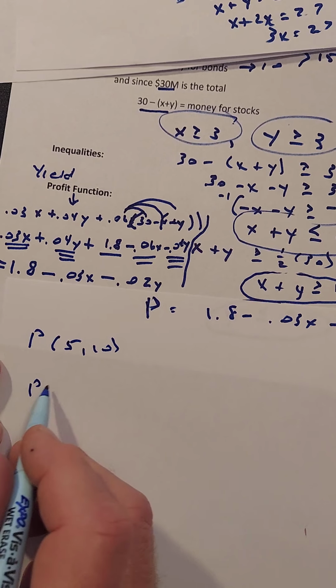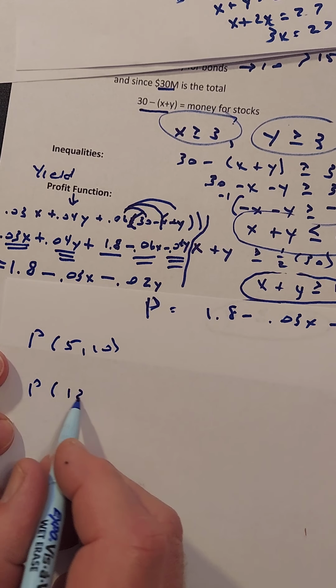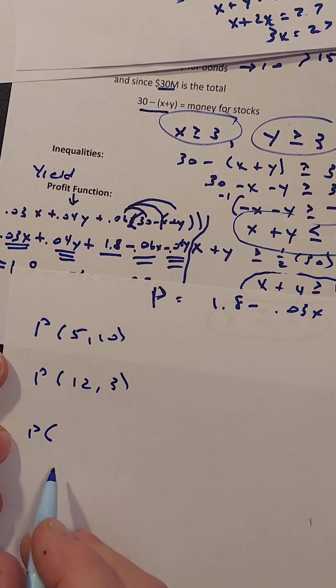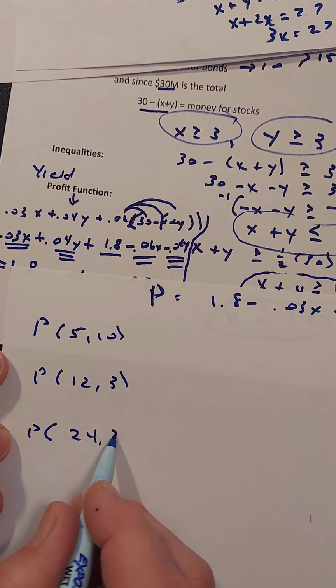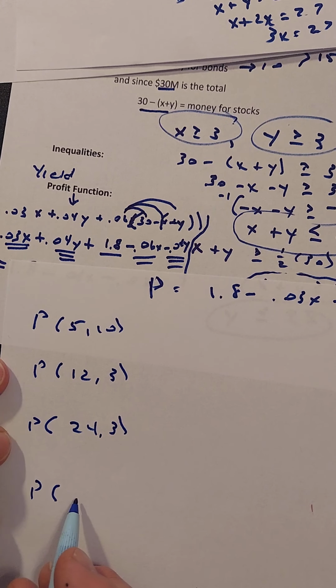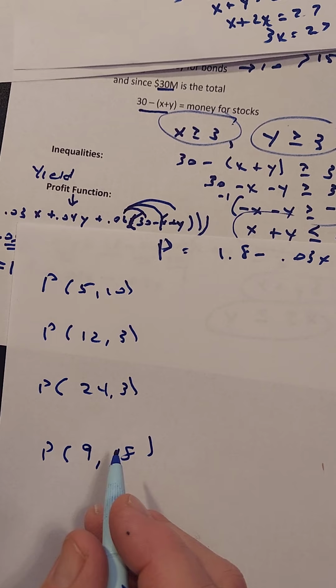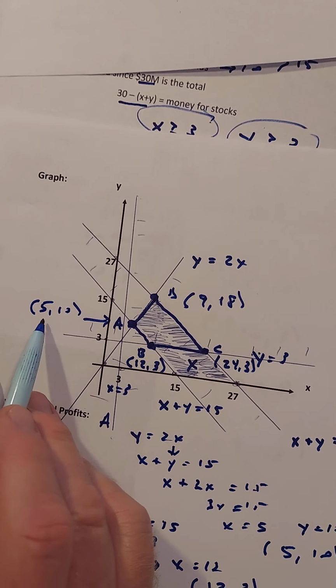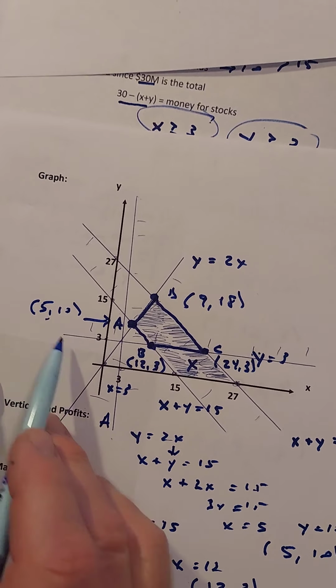I want to find the profit at (12, 3). I want to find the profit at (24, 3). And I want to find the profit at the last point, (9, 18). Again, all I did is take my picture, and those are the ones I put here. Those are my vertices. That's what you're supposed to do.